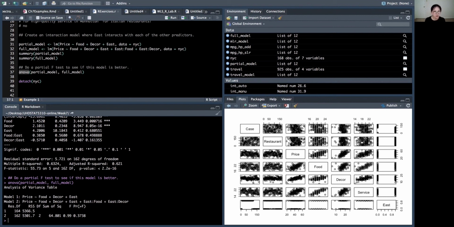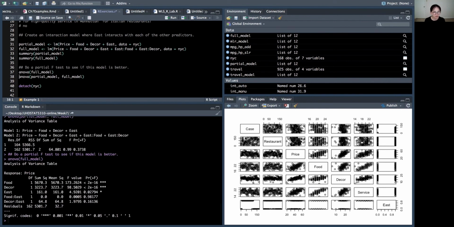Let me do ANOVA with a single model. If you do this, it will give you the ANOVA table. It's kind of an F-test for this full model.